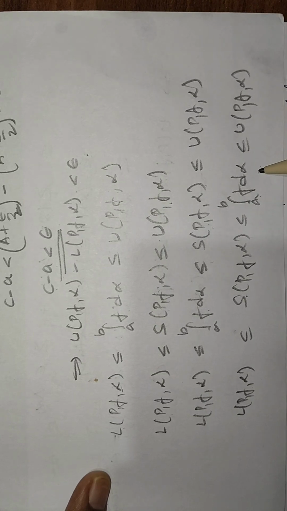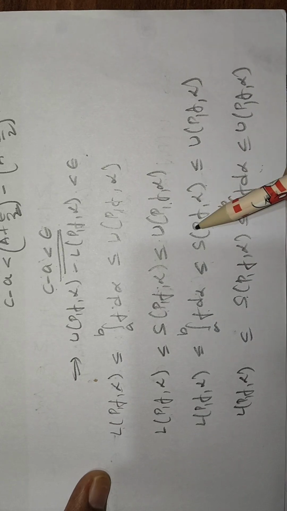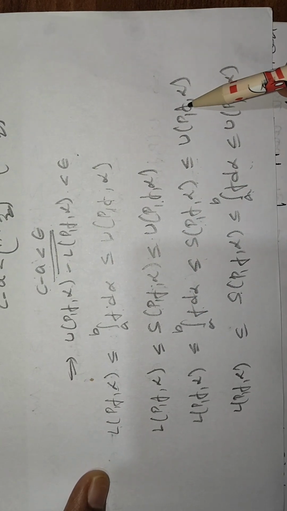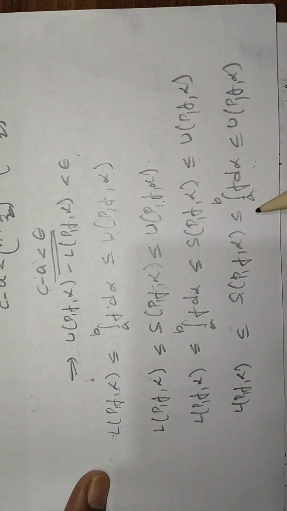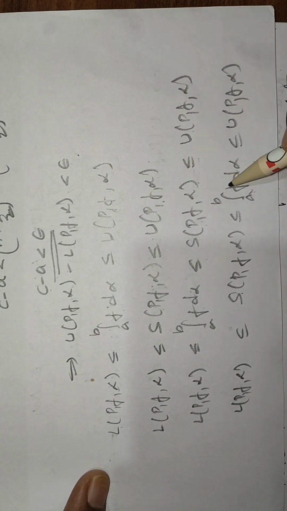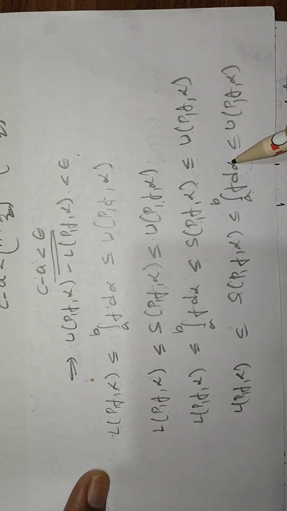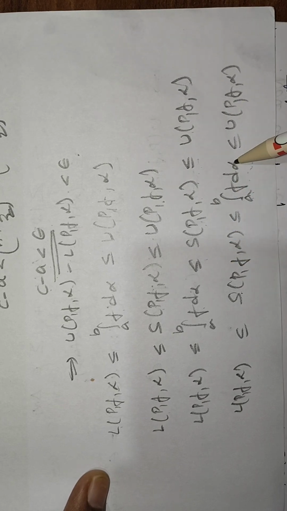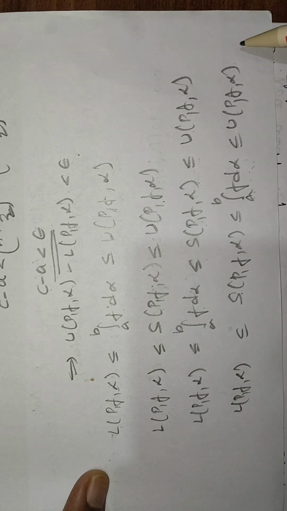So what I have written: suppose this is the case, then we write s minus this integral is less than or equal to U(P, f, α) − L(P, f, α). Suppose the other is the case, then we write ∫ f dα − s(P, f, α) ≤ U(P, f, α) − L(P, f, α).